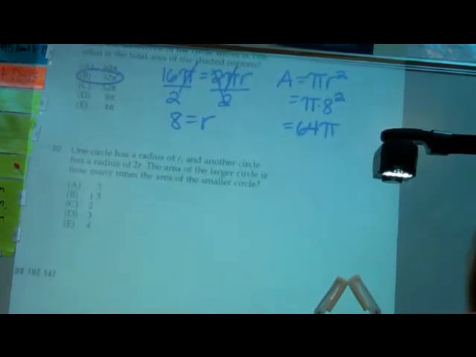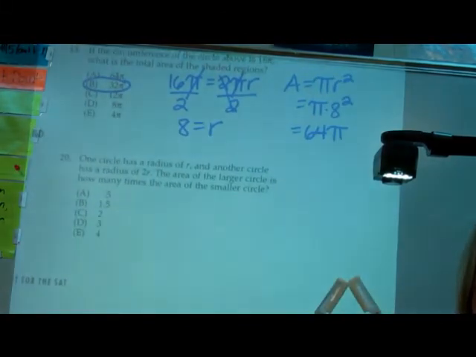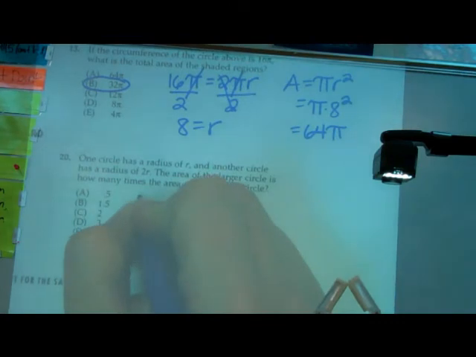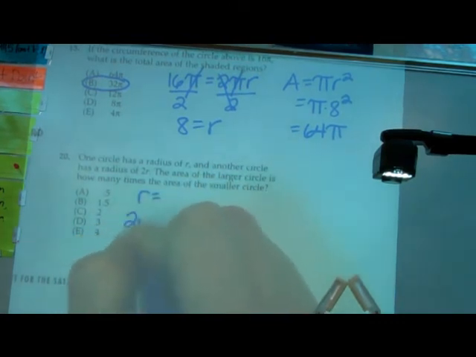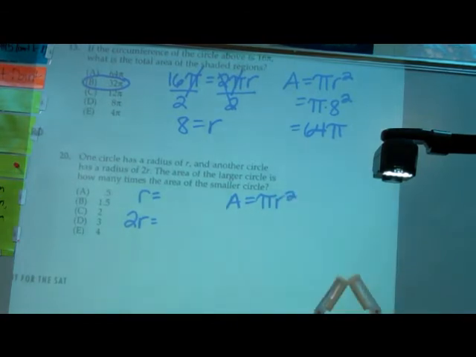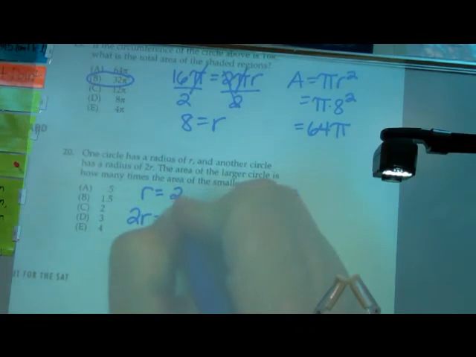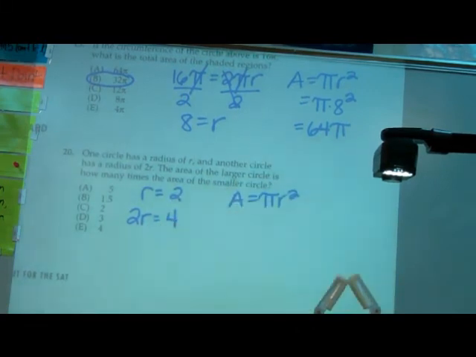Alright, one circle has a radius of r and another has a radius of 2r. The area of the larger circle is how many times the area of the smaller circle. I would just make something up for these, and then figure out what the area would be for each of those. So let's say I make the smaller circle have a radius of 2 and the larger one have a radius of 4.